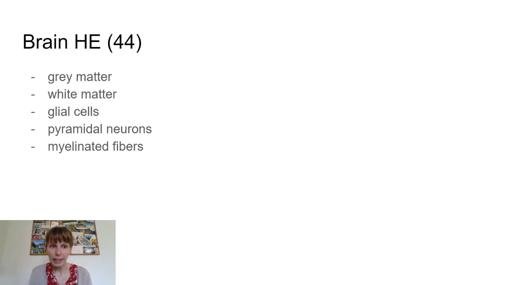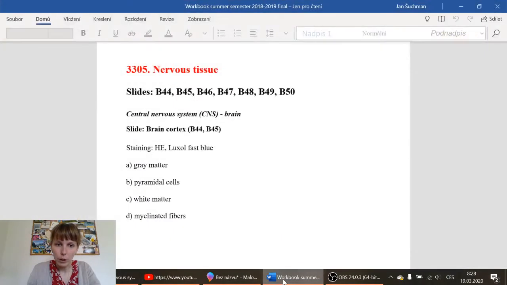So let's start with the first slide with the brain hematoxylin eosin. So in here, if you look into your workbook, you see the brain cortex in two versions, hematoxylin eosin and Luxol-Fast blue. And our goal in this slide is to see the gray matter.